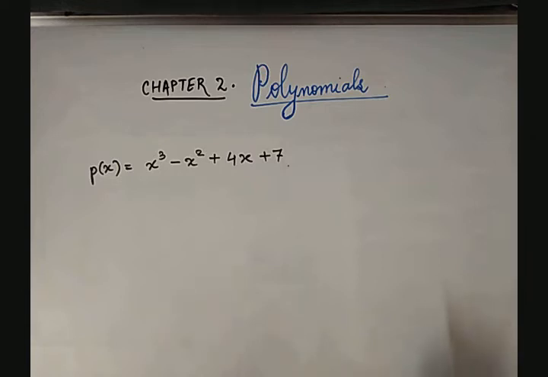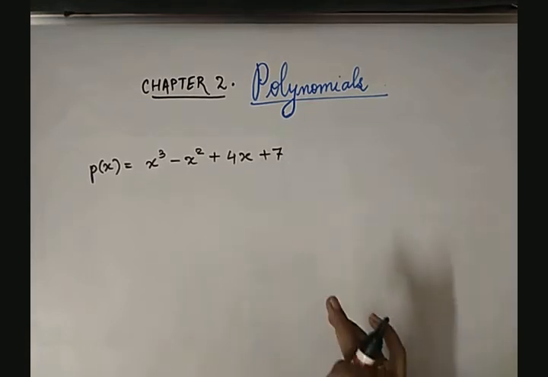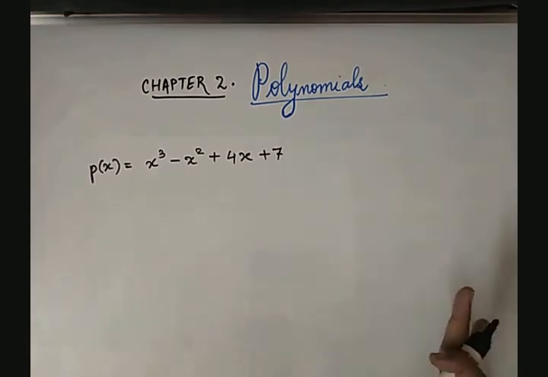But if the expression has more than one variable, then suppose there are two, x and y, so we call it a polynomial in two variables, x and y. But in this chapter we are going to consider only polynomials in a single variable. So now we have defined what a polynomial is.